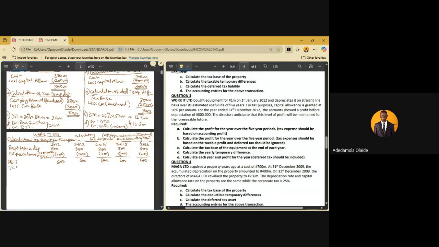That's our PBT. Then we have tax. They did not give us a rate, so let's just use 30%, which is the average rate. 30% will give us how much? 180 for each year.